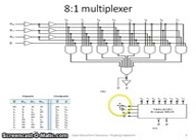Next order of multiplexer, 8:1. The 8 data inputs, I0 to I7. To select one among these 8 inputs, a minimum of 3 select lines are required, S0, S1, S2.